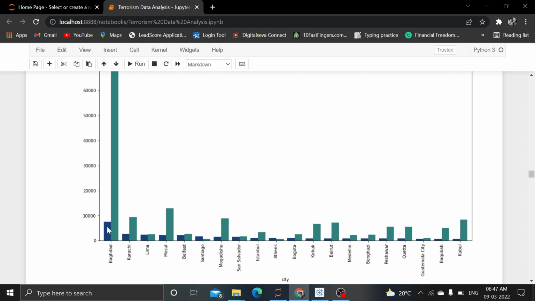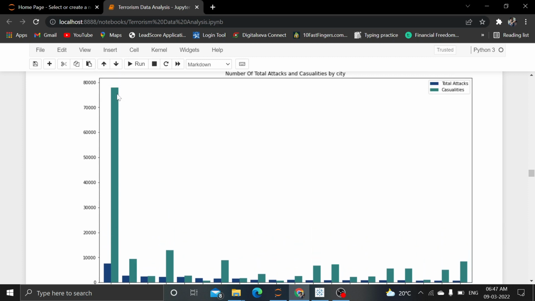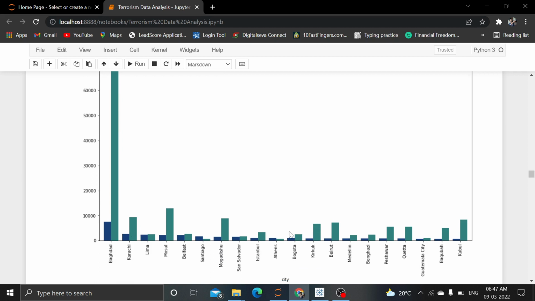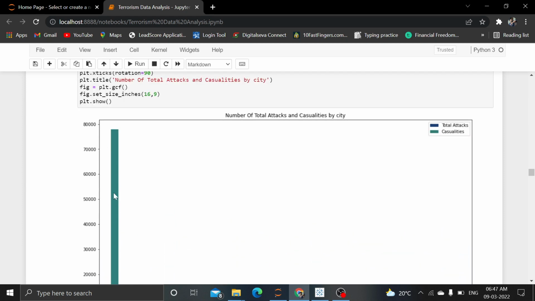In Baghdad, the number of casualties is very high. Other cities, as compared to Baghdad, are less. Cities like Karachi, Lima, and Mosul have fewer casualties, but in Baghdad a huge number of casualties are there.